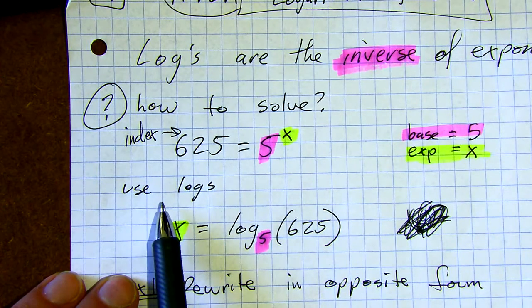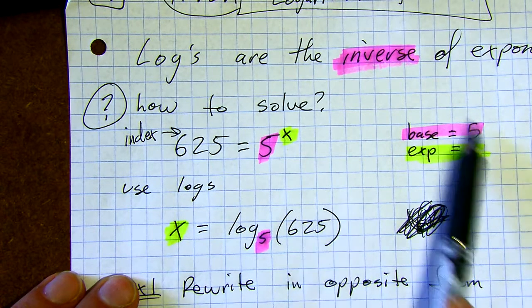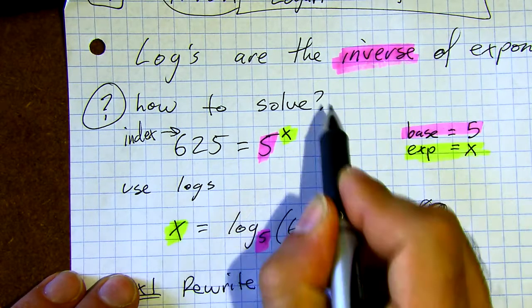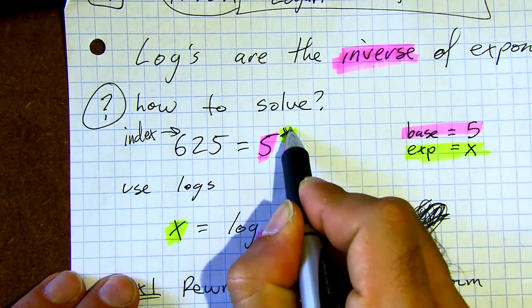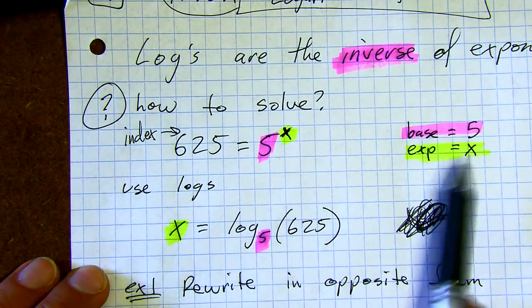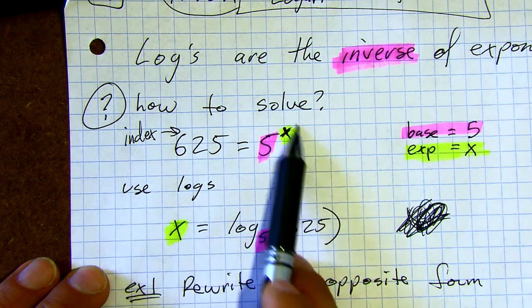But looking here, how it is rearranged, remember, we use logs to figure out what the exponent is. So when I'm setting up my log sentence, I put the exponent as what I'm trying to find. So how do you find x?